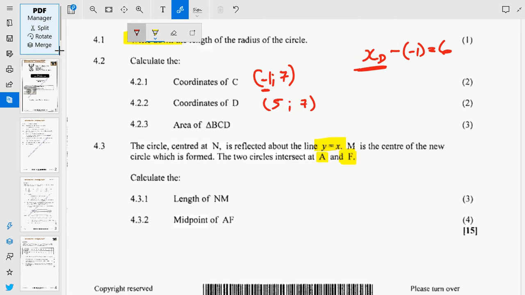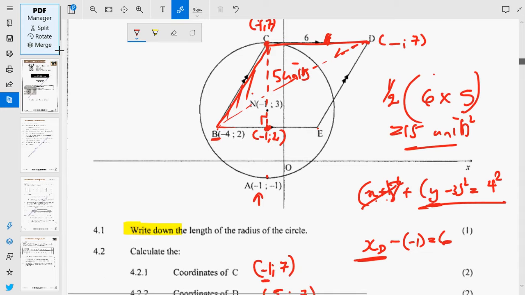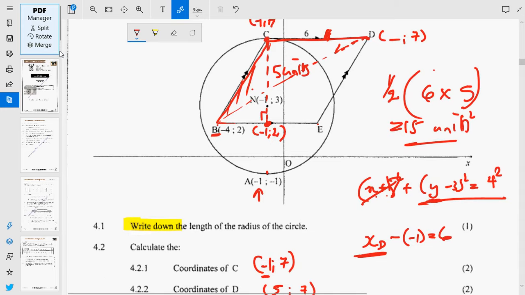Okay, now if M is the center of the new circle after reflecting it about the line y = x, then that means M will now have the coordinate. Now remember, I'm flipping x and y, which means the new center will be (3, −1).